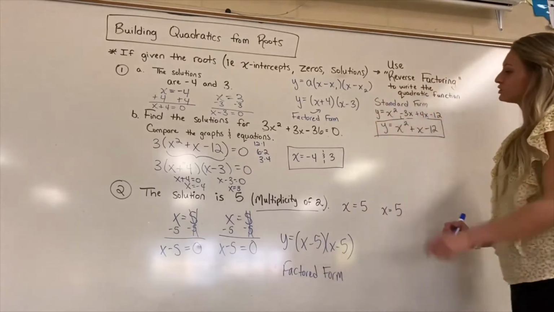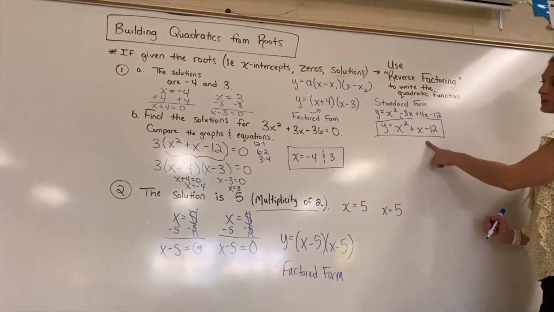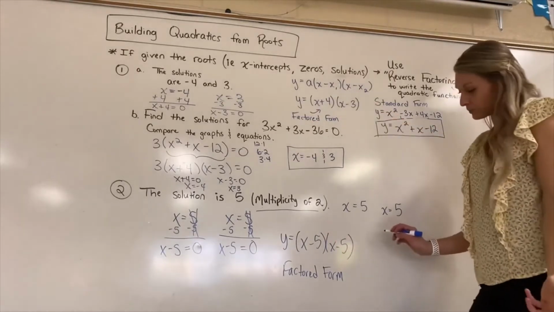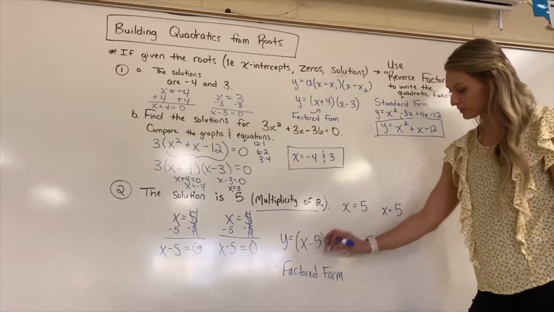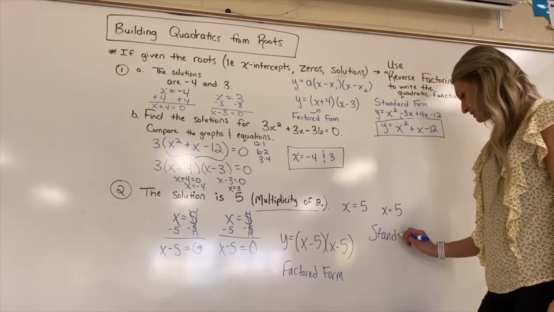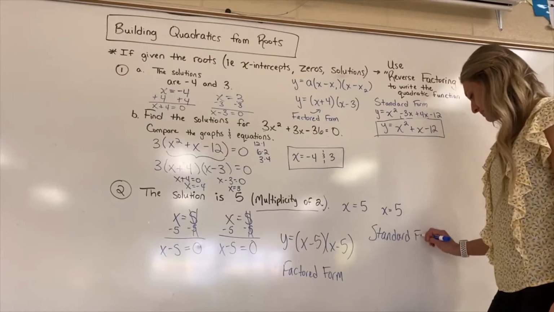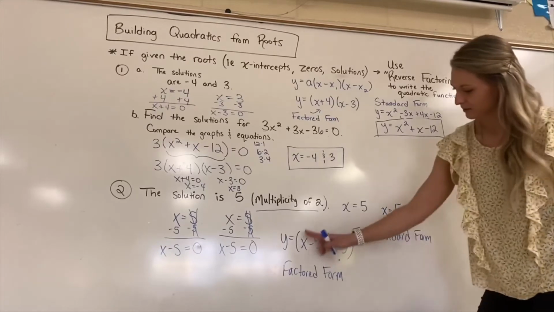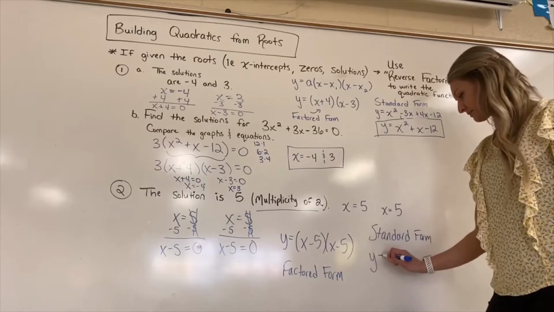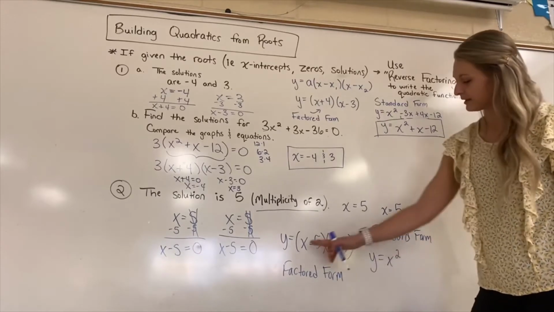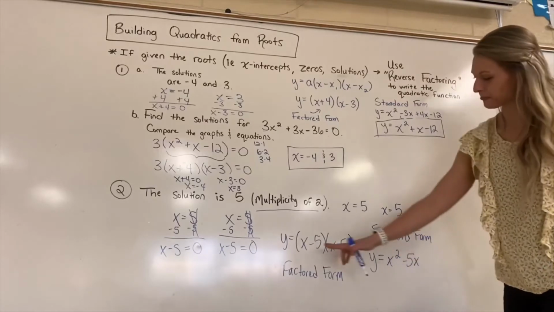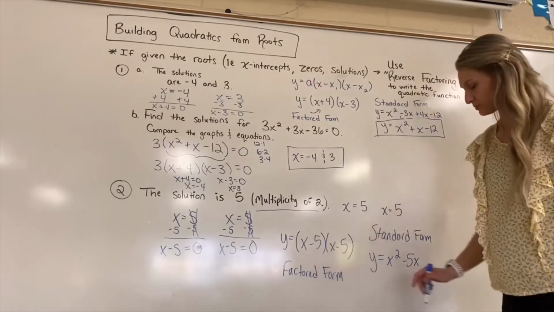But if they wanted you to actually put it in standard form, remember that's where you have to multiply it out. So if we were to put it in standard form, we would multiply that out. So let's do that to practice that. Standard form. We take everything and multiply it. So x times x, we got x squared. X times negative 5, negative 5x. And now we're done with the x, so now we move to the negative 5.